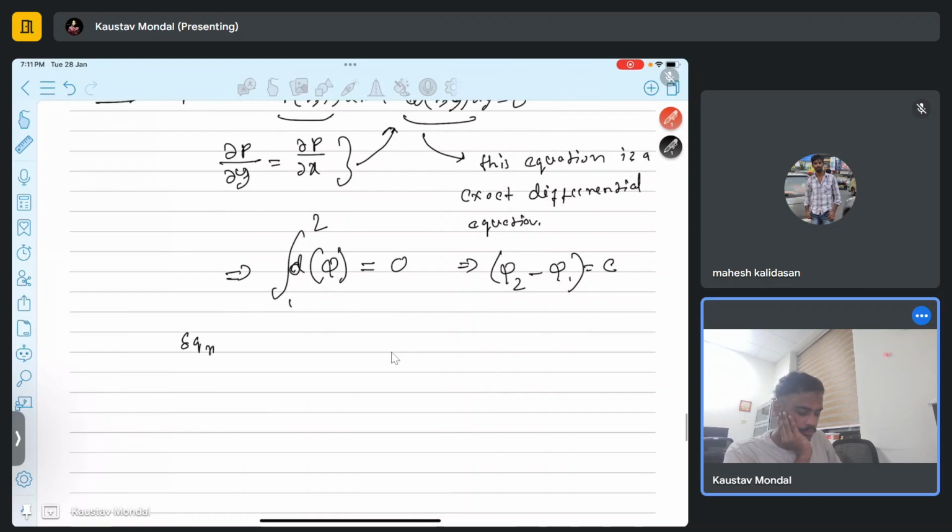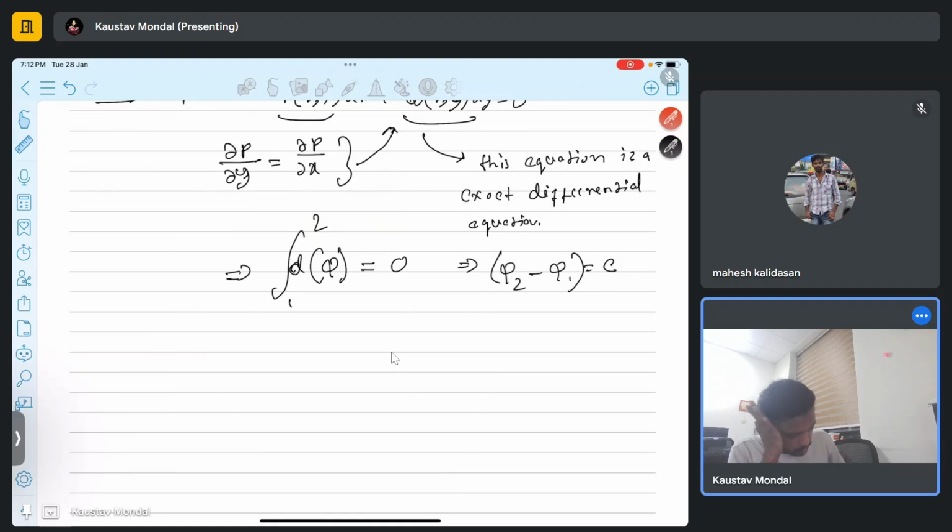Delta q reversible. So in thermodynamics, first let me state some things. In thermodynamics also there are path dependent functions, and some functions are not path dependent.